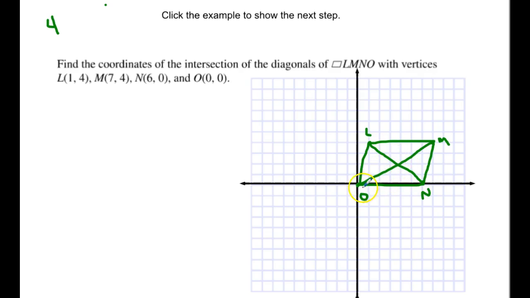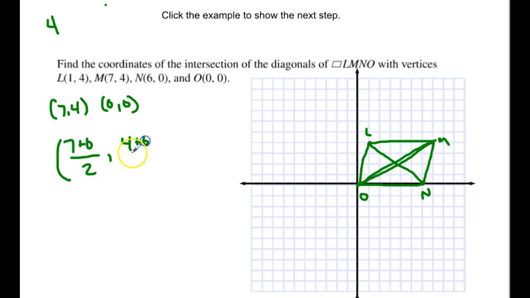Okay, so I know that I need to find the midpoint, right? And the midpoint is where they cross of one of my diagonals. So I'm going to go ahead and use OM. I can use my other diagonal, my LN, but I like OM because point O is pretty simple. So I'm going to go back and use my midpoint formula, right? So the points that I'm using are (7, 4) and (0, 0). So I know I'm going to use my midpoint formula. So 7 plus 0 divided by 2.